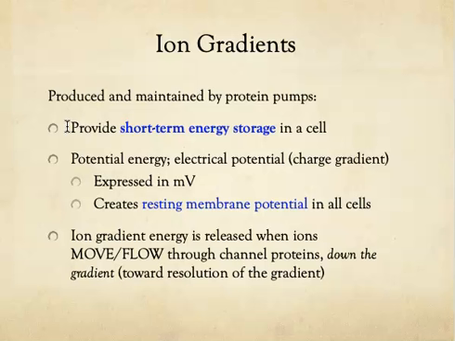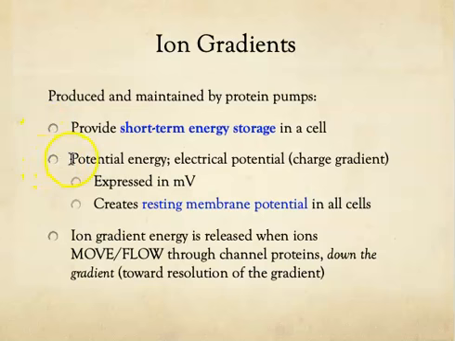But remember, cells have the capacity to maintain gradients if they spend a little energy doing that. That's what protein pumps do. That's what active transport is all about. A cell can maintain a gradient across a membrane if it spends energy to do so.